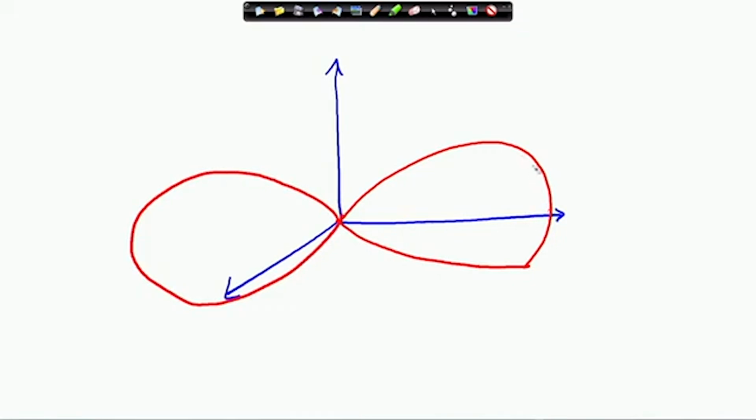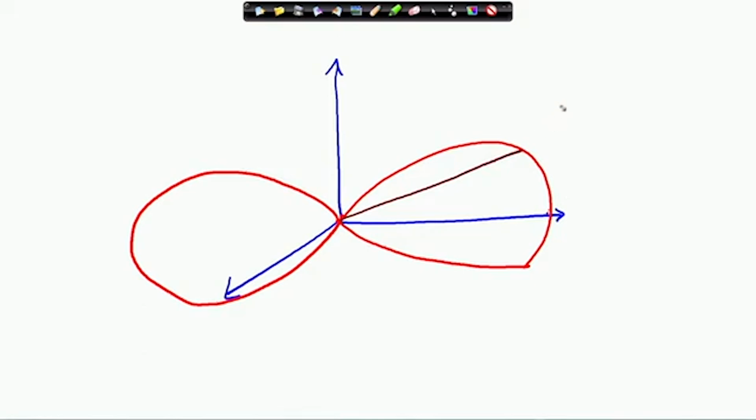This is maximum, though my drawing may not show it like that, and here this is maximum.